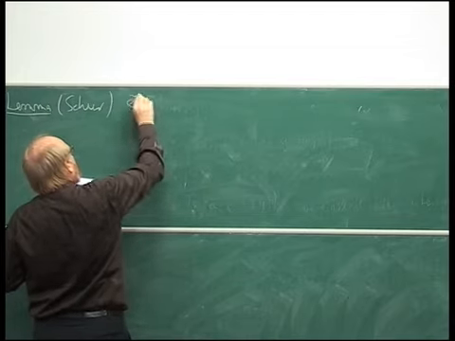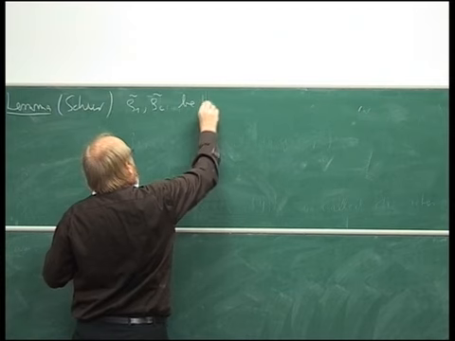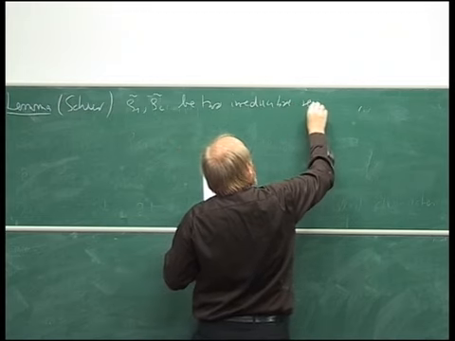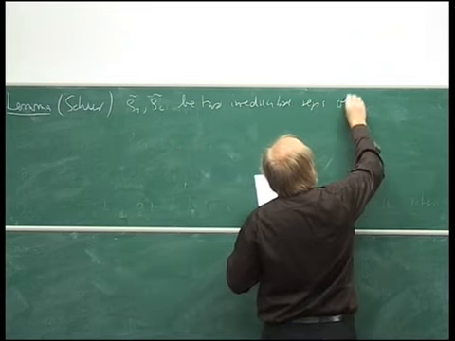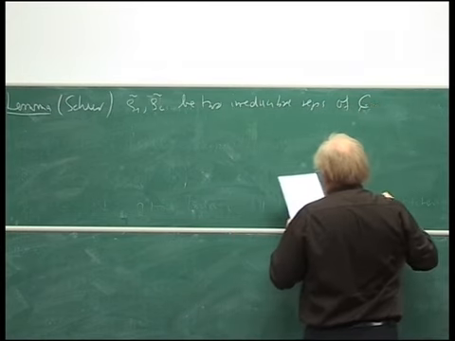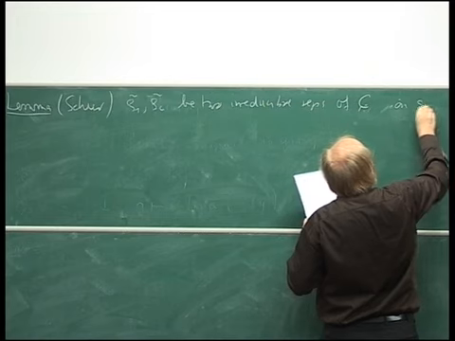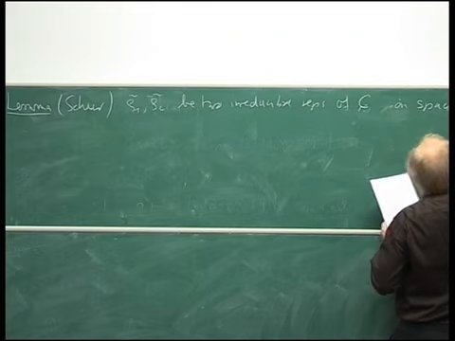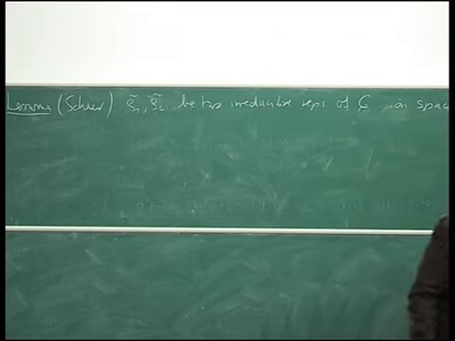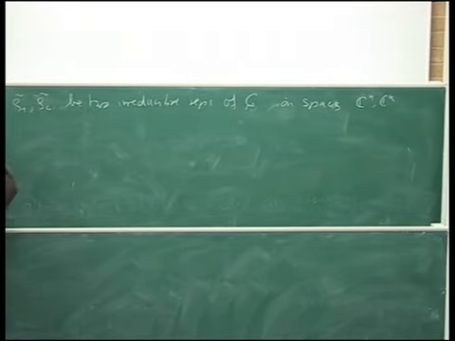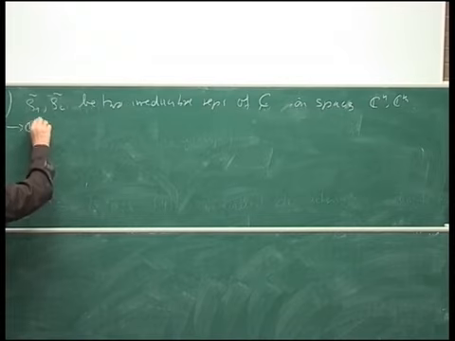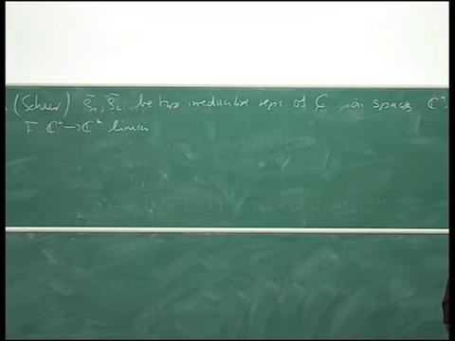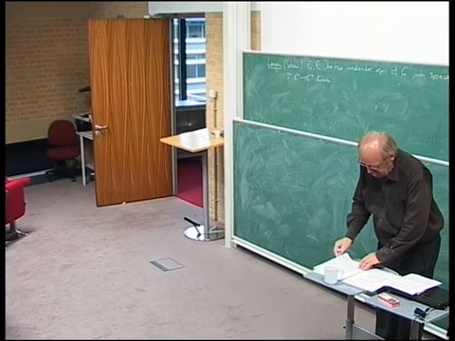Let rho 1 tilde, rho 2 tilde be two irreducible reps of G as before, and we have spaces Cn, Cm, and then we have any linear mapping F from Cn to Cm, and we do a construction which is very typical for this situation.